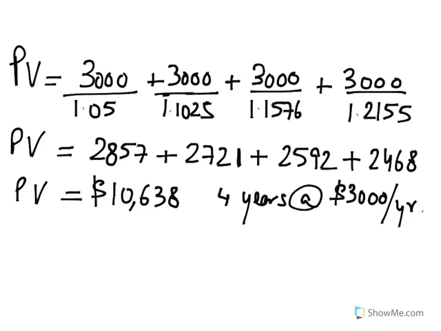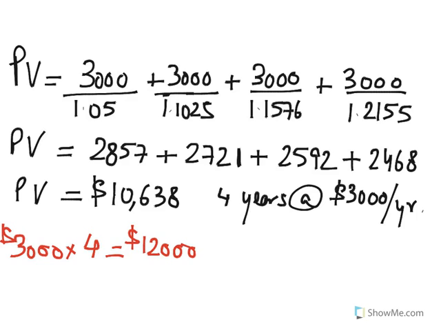Now, if you will remember the idea of the time value of money, one would think that the $3,000 each year will add up to $12,000. But that's really not true. What is not true?